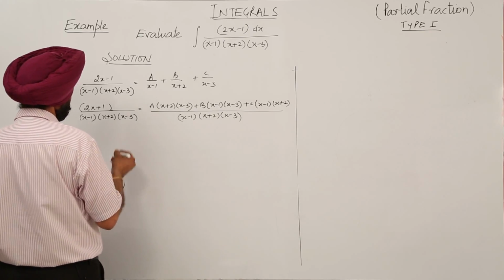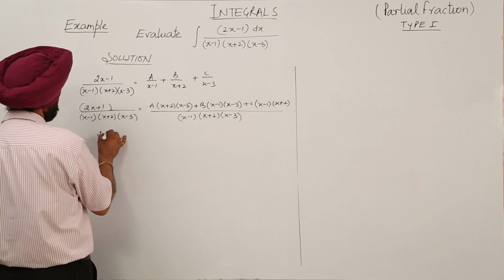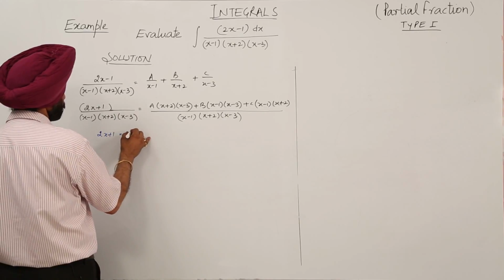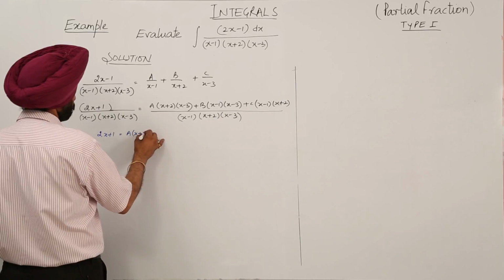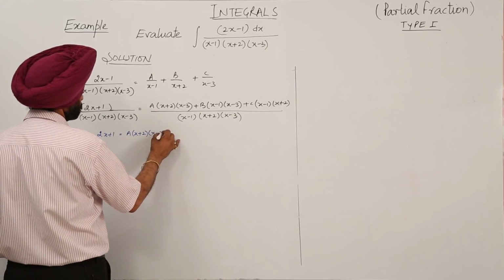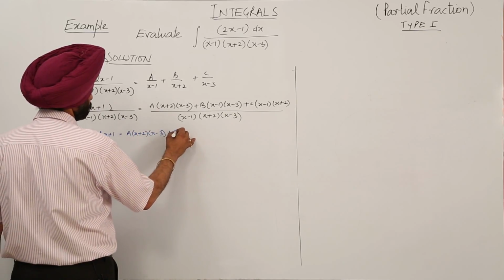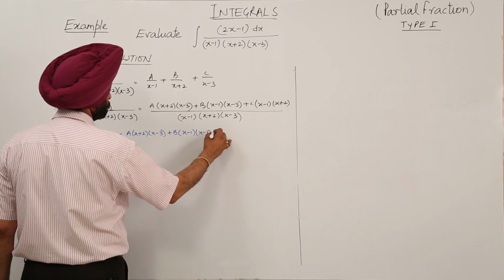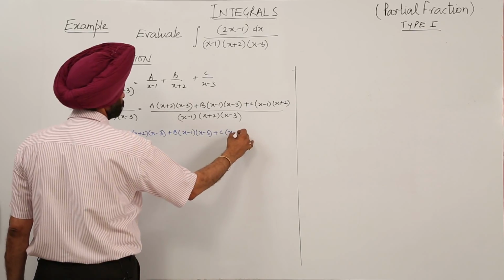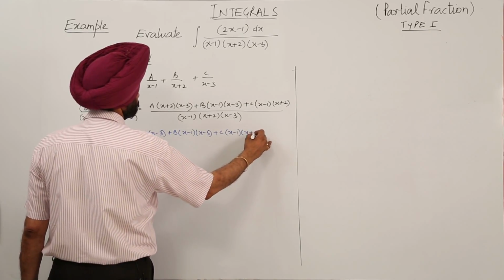Now what we are having, 2x plus 1 is equal to A(x plus 2)(x minus 3) plus B(x minus 1)(x minus 3) plus C(x minus 1)(x plus 2).